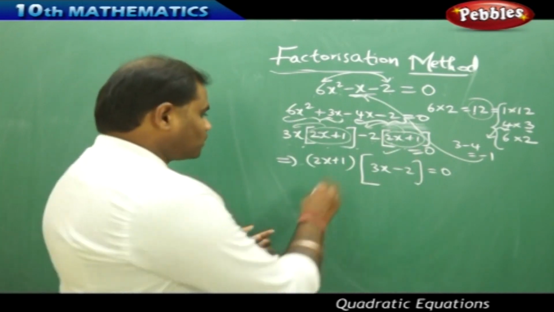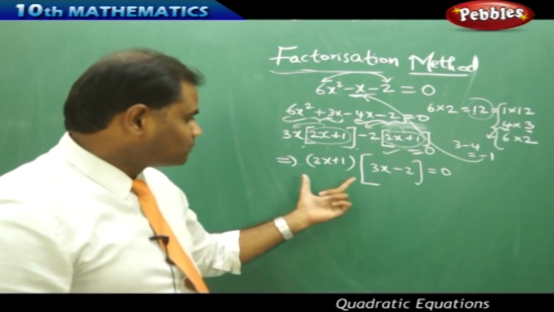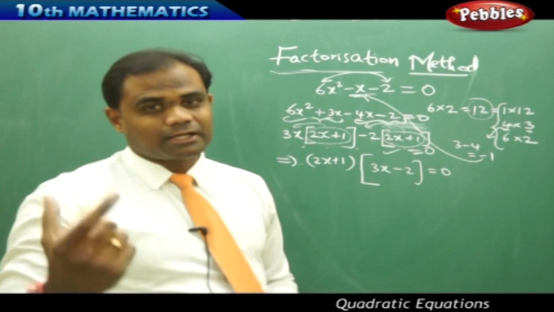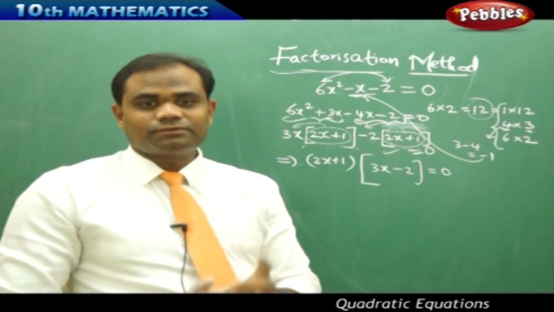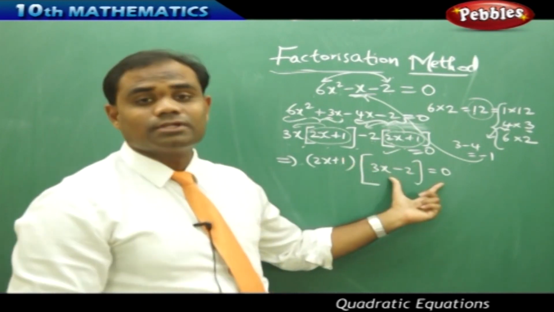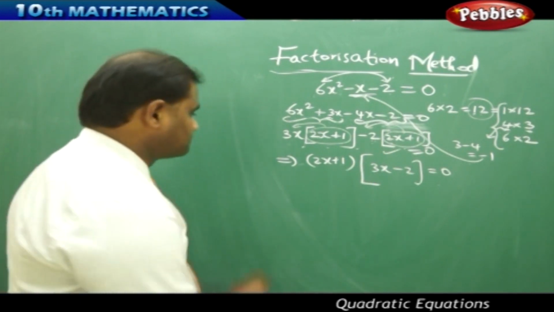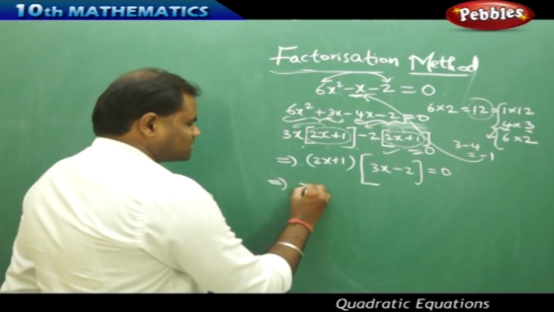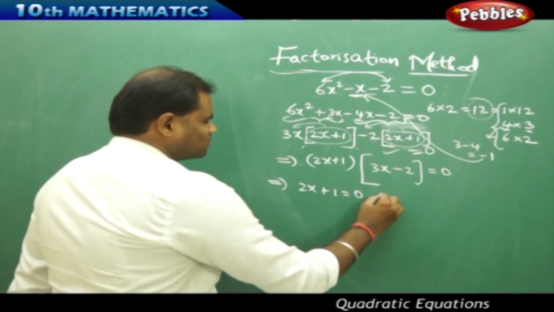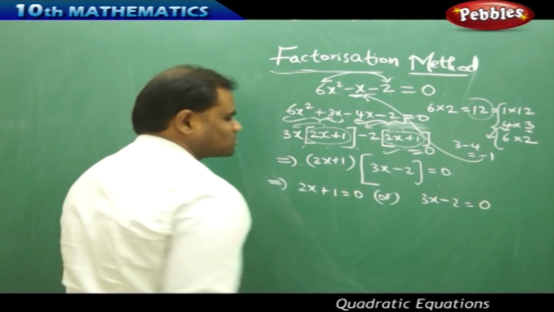Now I have the product of two factors equal to 0. The product of two factors being 0 makes me understand through the factor theorem that each of the factors can be 0. Either this equal to 0 or this equal to 0 is the factor method. So that implies 2x plus 1 is 0 or 3x minus 2 is equal to 0.